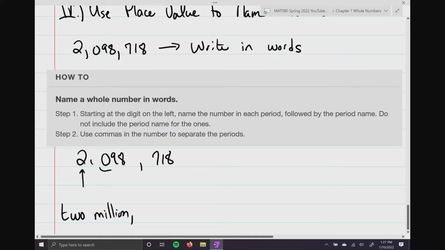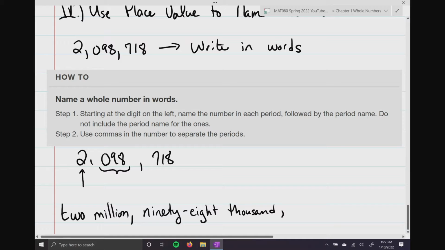Now, that is going to be 98, but it's in the thousands position, so I say 98 thousand, comma.